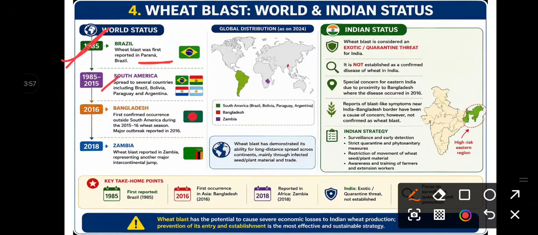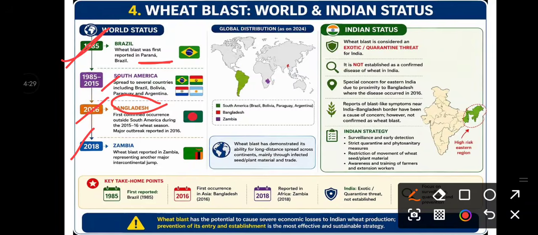Then the first occurrence of wheat blast in Asian countries started in 2016. First report was in 2016 in Bangladesh. So the first confirmed occurrence outside South America was during the 2015-16 wheat season. The major outbreak was reported in 2016 in Bangladesh, and another outbreak was reported in 2018, that is in Zambia.